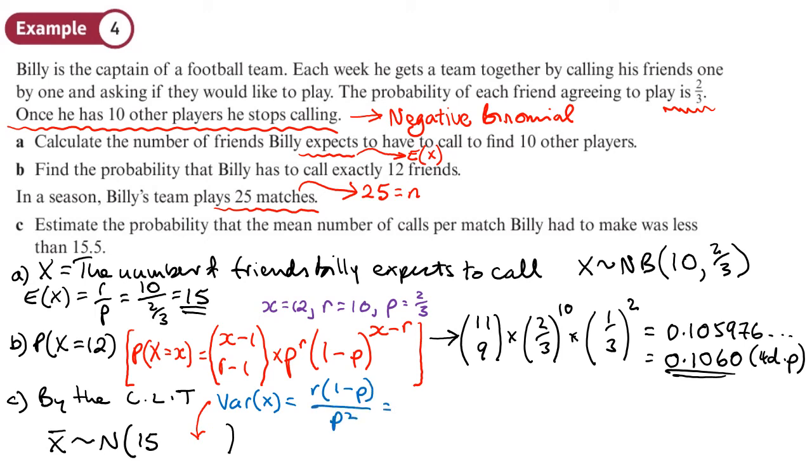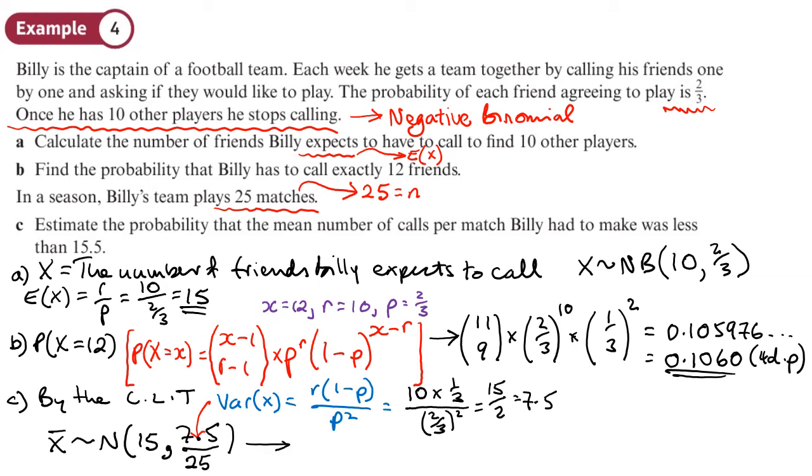So let's put the numbers in. So r was 10, times 1 minus p, so that's 1/3, divided by (2/3) squared. So let's work that out. And that gives us 15 over 2, which is 7.5. So now we know our variance is 7.5. And the sample, well, that's 25.